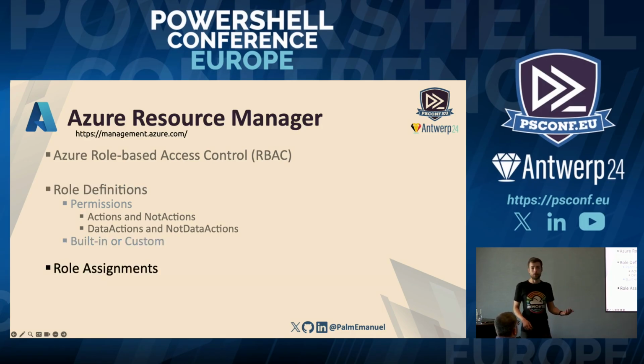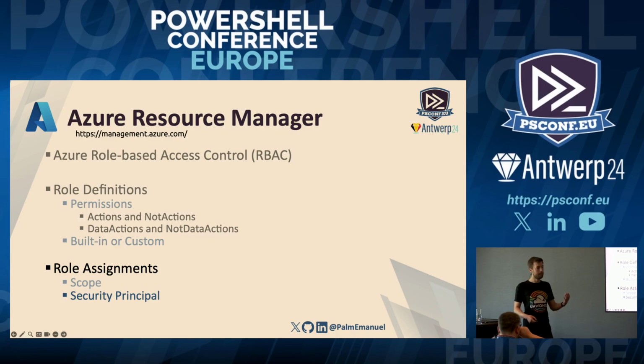Now, to assign these roles, there are three parts. We have the scope, which could be a subscription, a management group on a very high scope, a resource group with a number of resources, or a specific resource itself. So I can grant access to a specific storage account if I want to, which is preferable wherever it doesn't create a lot of management overhead and complexity in terms of governance.